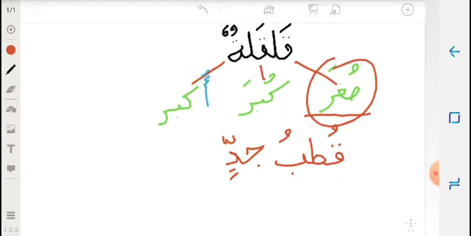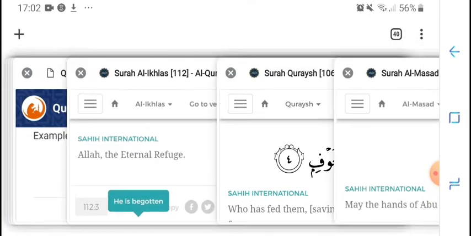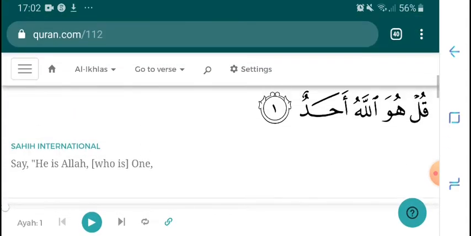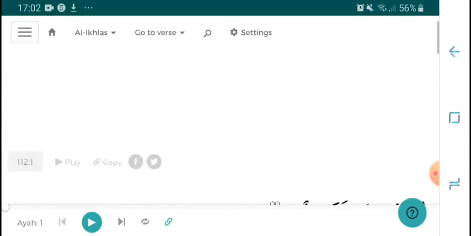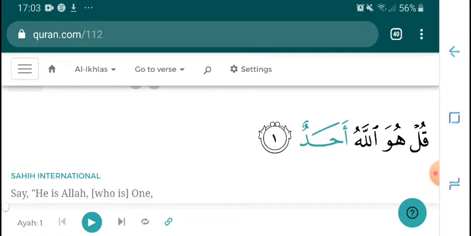Now for the next one, Qalqalah Kubra, this takes place on the end of a word, typically in the end of an ayah. So if we go to Surah Al-Ikhlas, for instance, we see the whole surah is full of them, because at the end of the verse, you won't say ahadun, you would say ahad, but you would produce an echo sound. Qul huwallahu ahad.